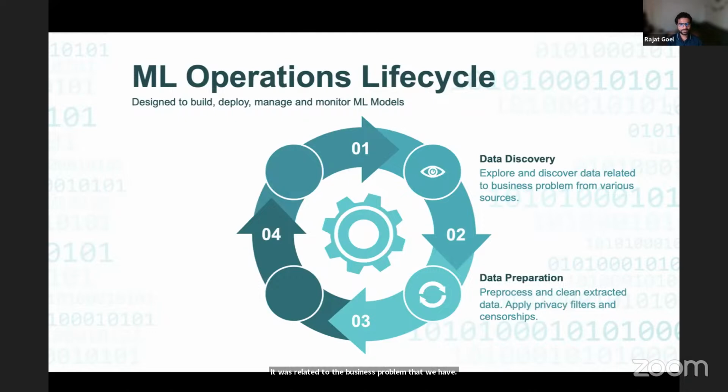Next step is data preparation. In data preparation, once we have gathered data from various sources, we want to collate that data. We want to clean that data. Let's say if the data has some missing fields, or if the data is not in an appropriate format, then we basically clean and extract the data appropriately.